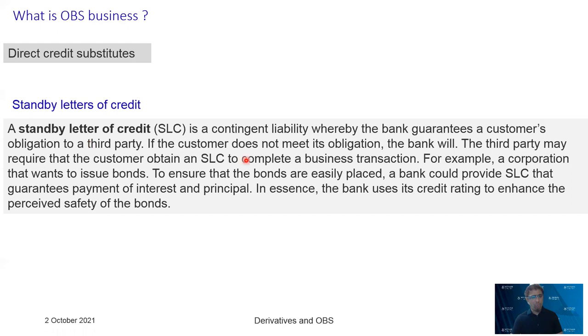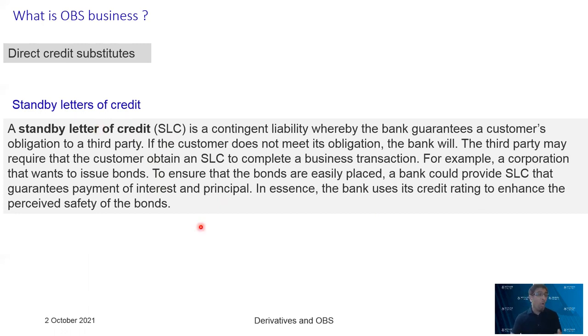For example, if some corporation wants to issue bonds, but the lenders, which are the people who are going to subscribe to that issue of bonds, or the investors who will buy the bonds, have some concern about the credit risk of the issuer, the bank will issue a standby letter of credit saying that if the issuer didn't pay, the bank will pay. Now that issue of bonds will be sold very fast because there is a guarantor. And this is what we call a standby letter of credit.